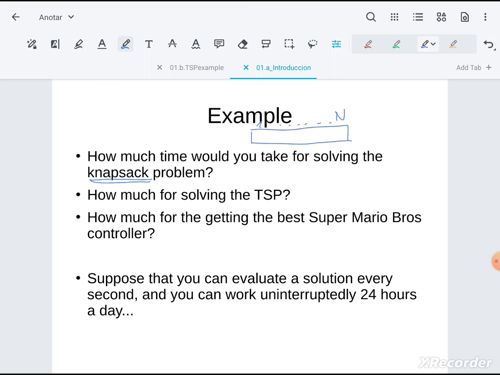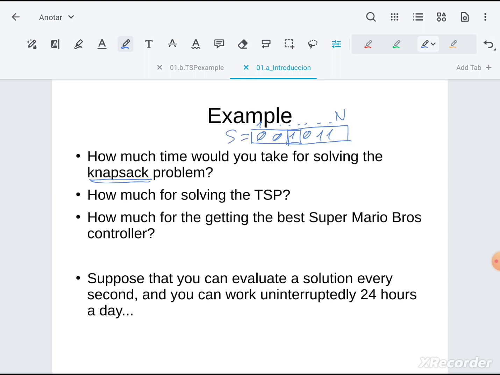With this kind of encoding, you could say that these objects are not put into the knapsack, but these ones are put into the knapsack, those for which the solution has a 1.